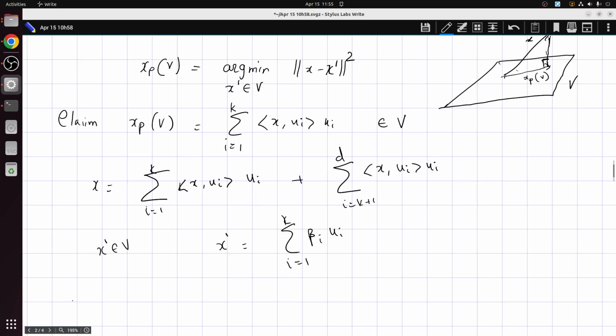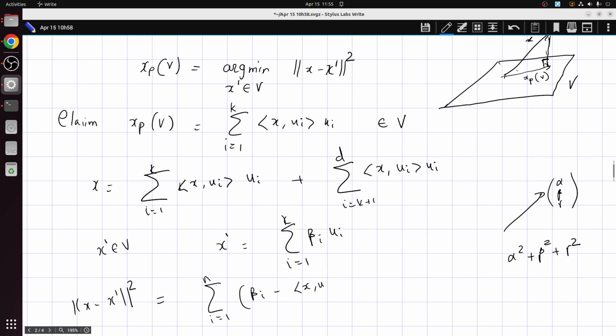If you look at the length of X minus X bar squared, you remember I told you if there is a vector alpha, beta, gamma in R3, the length of this vector is alpha squared plus beta squared plus gamma squared. In the same way, the length here will be the summation, i going from 1 to k, of beta_i minus the inner product of X and U_i, squared, plus the summation i going from k plus 1 to d of the inner product of X and U_i, squared.